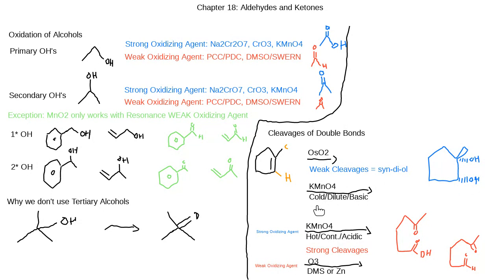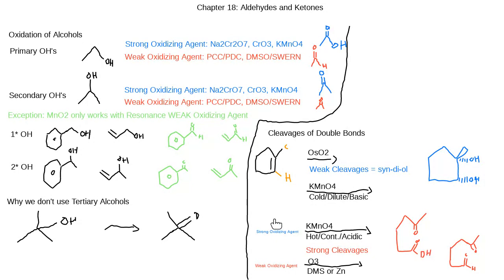Now onto the strong cleavages. This time it will cleave the double bond, like split open, as you see right here, and then it will add 2 oxygens on both sides of the broken double bond, and then it will further oxidize if needed, depending on the reagent.